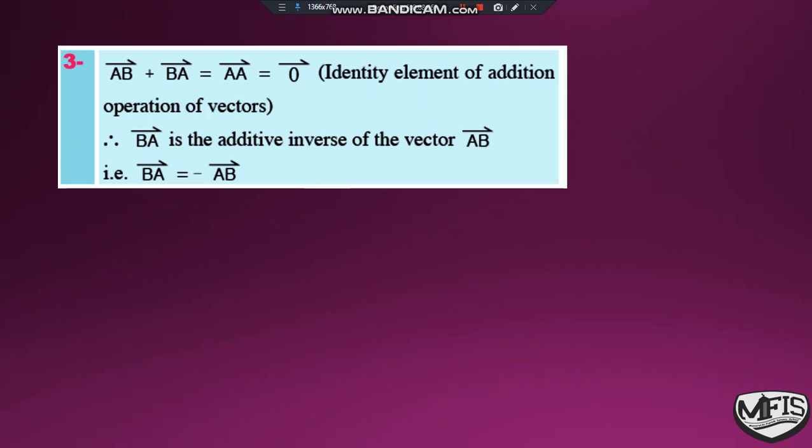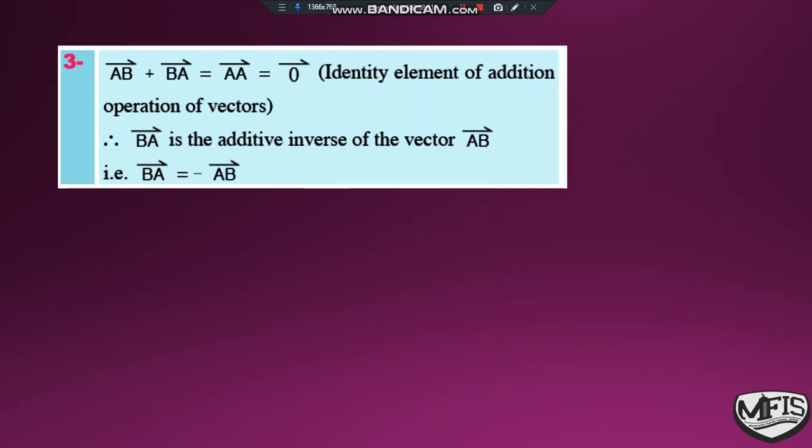Number three, AB plus BA equals AA, so I start from A and end at A. So AB plus BA equals the AA directed line segment, and this is called the zero directed line segment, the identity element of the addition operation of vectors.